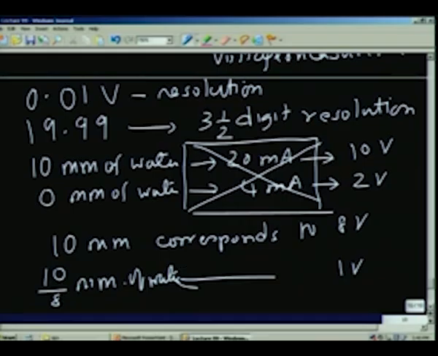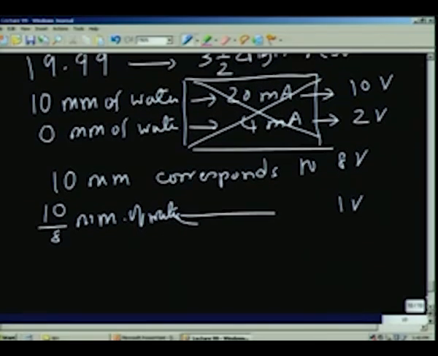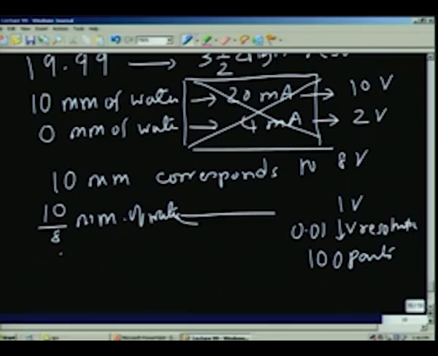So, 1 volt. Now, depending on, if I am able to measure 0.01 volts, this is divided into 100 parts with 0.01 volt resolution. That means, I am going to divide this by 100.